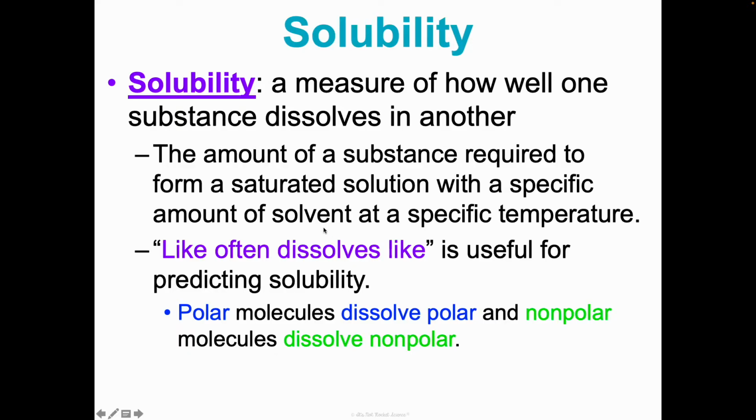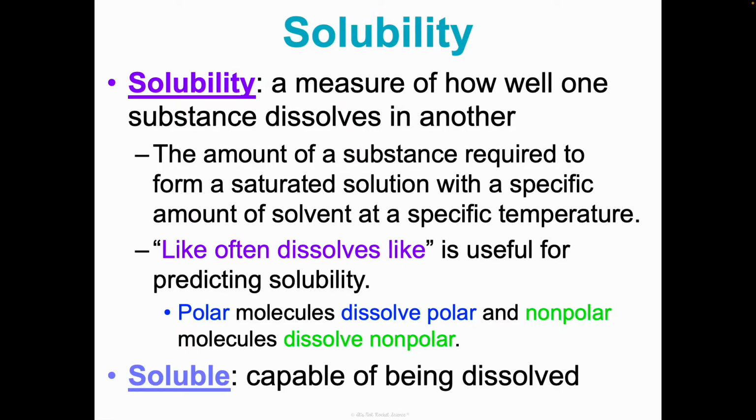But there are varying degrees of solubility. For something to be soluble, we would say it's capable of being dissolved. But you can have salts that are highly soluble in water, so you can very easily dissolve them. And then you can have other salts that are only slightly soluble. They can only slightly dissolve.